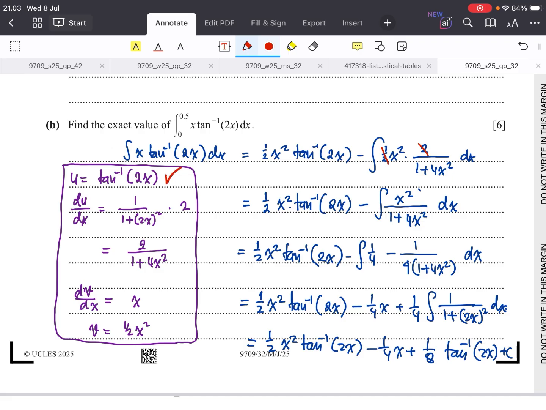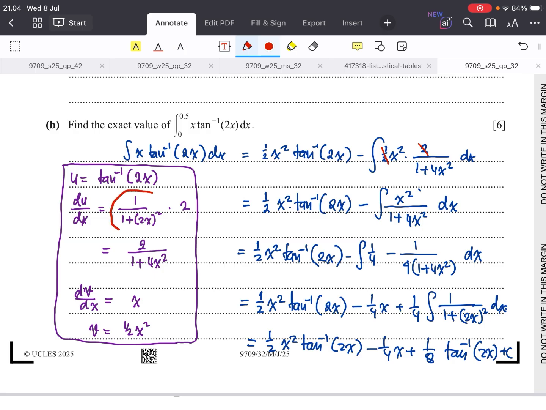So u is tan inverse 2x. For du over dx, students, you will be given the formula to differentiate tan inverse in the list of formula. So please see the list of formula.